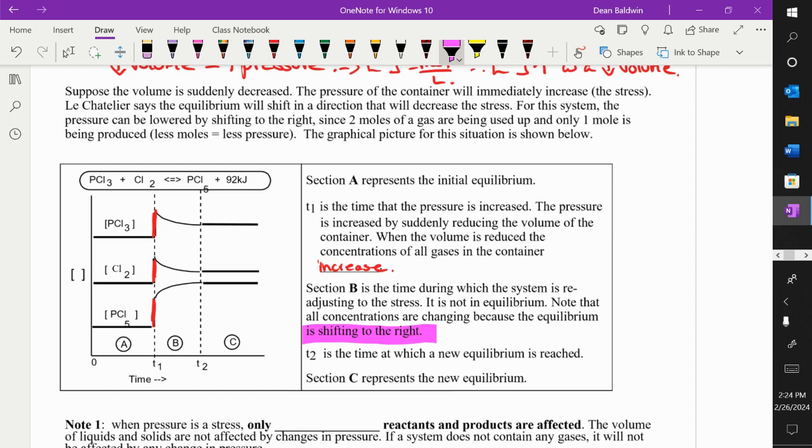And I just want to make a note. When all concentrations spike, that equals some sort of pressure or volume change.